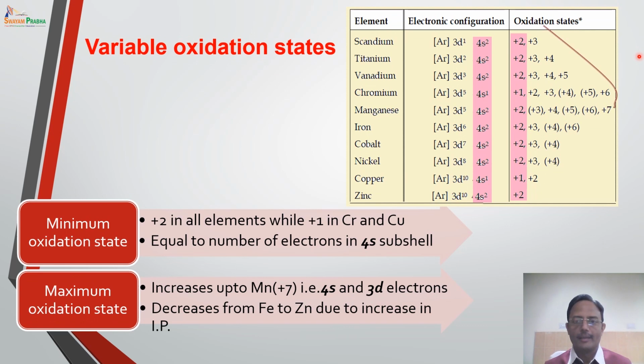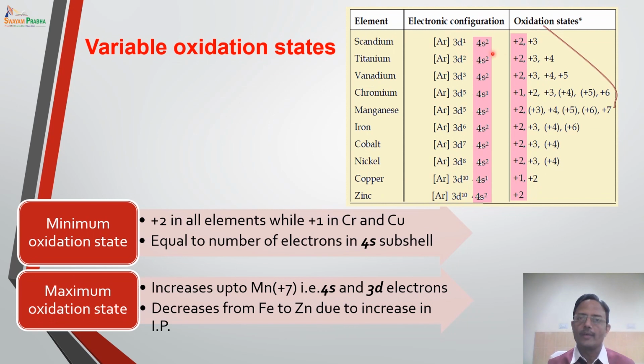We will find that the maximum oxidation state continuously goes on increasing from scandium +3 to manganese +7. You can correlate this maximum oxidation state with the electronic configuration again. You will find that the maximum oxidation state of scandium is +3 because it can lose electrons from 4s plus 3d.